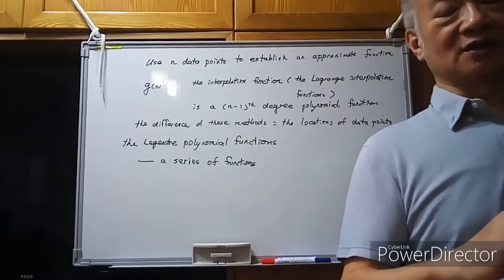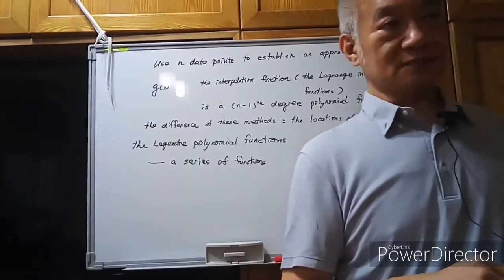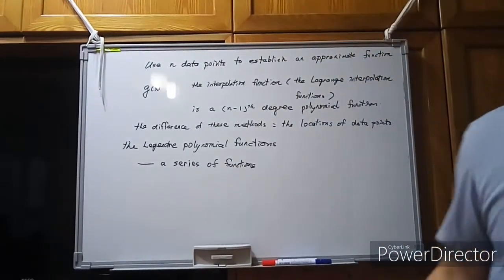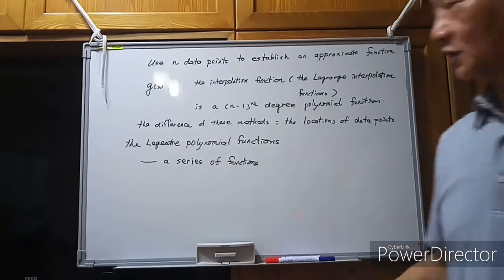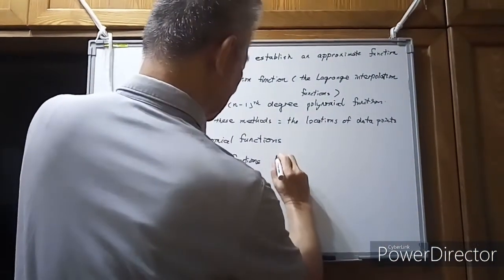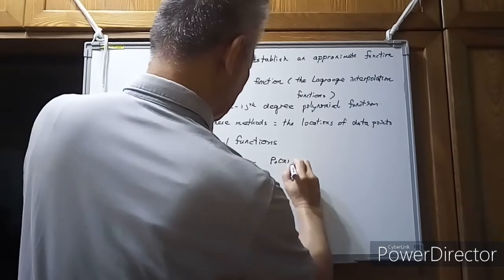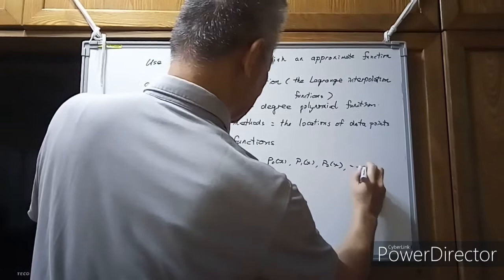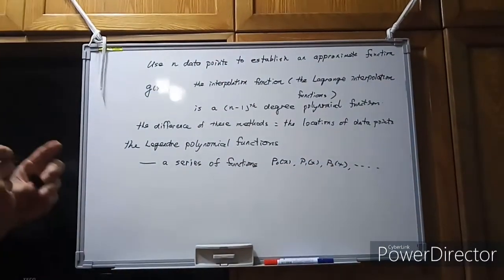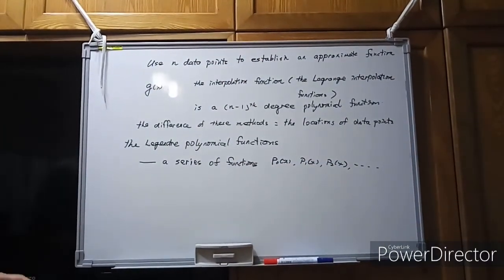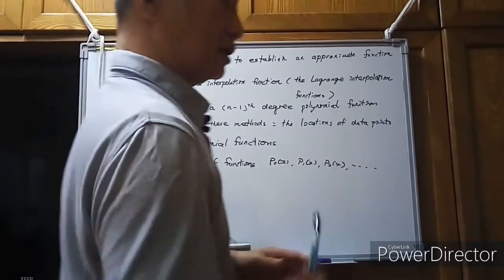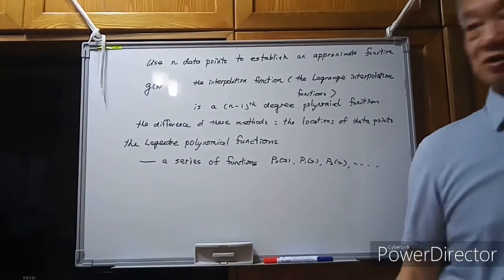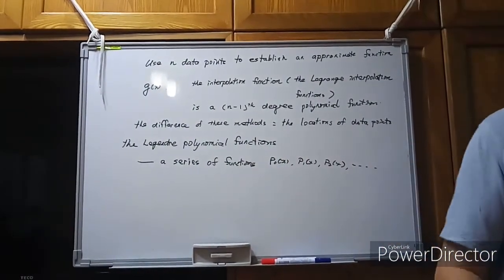For every integer degree, you can find the corresponding Legendre polynomial function. So it is P0 of x, P1 of x, P2 of x, and you can get an infinite number of Legendre polynomial functions. That's why we say it is a series of functions. It is not only a single function.